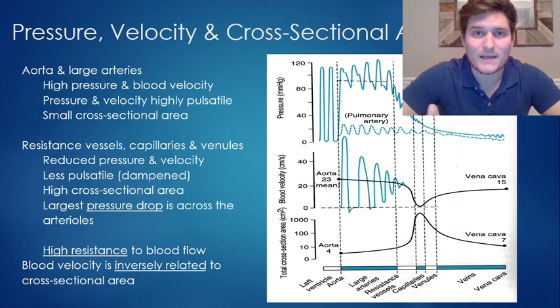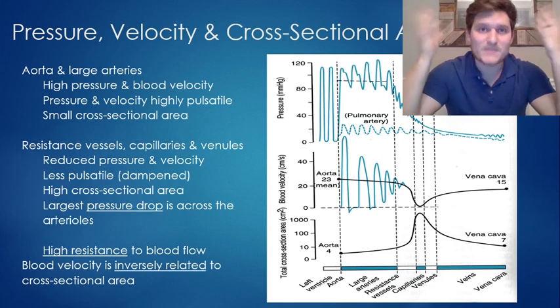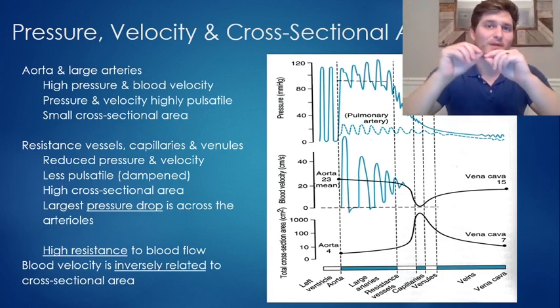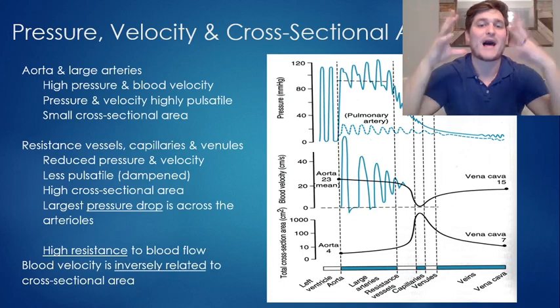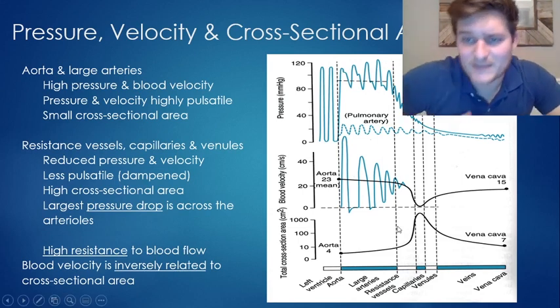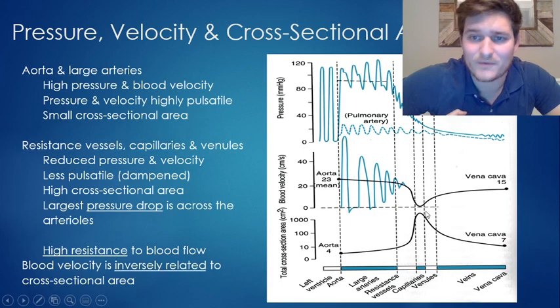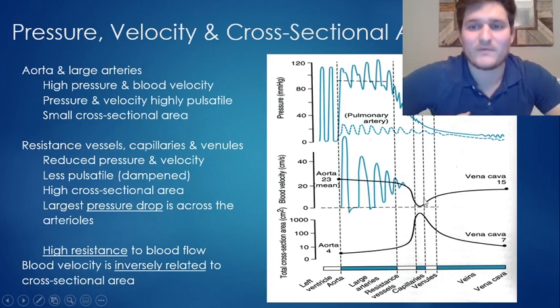And if you think about why, there are trillions of cells throughout the body, which are most going to need blood supply. And so we need to form a lot of these little capillaries, have a high cross-sectional area in order to distribute that blood to those cells. And so the fact that there is a high cross-sectional area in those capillaries means that those capillaries have the lowest blood velocity.